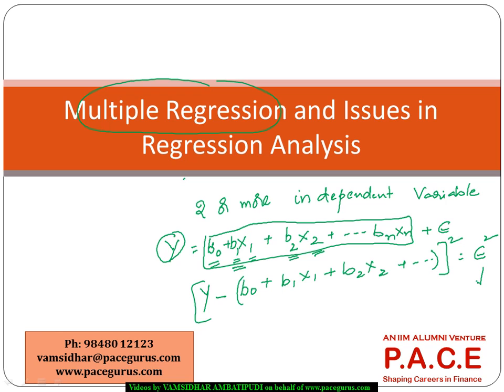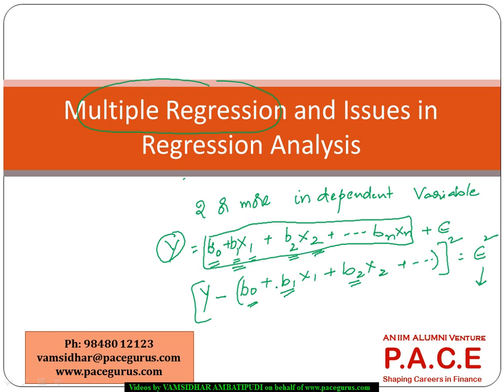This has to be minimum, and whatever the choice or combination of b0, b1, b2 chosen from this perspective of minimizing this error is what goes as the best fitting multiple regression model.